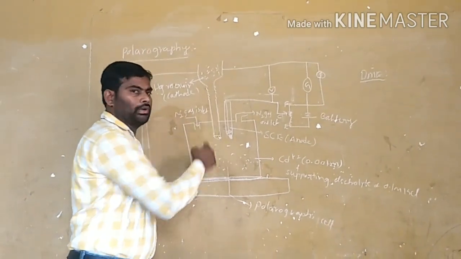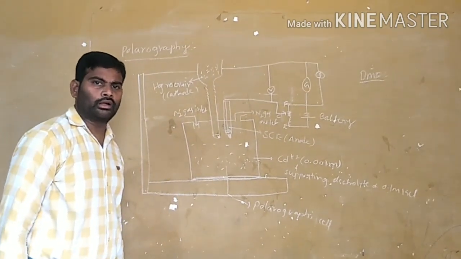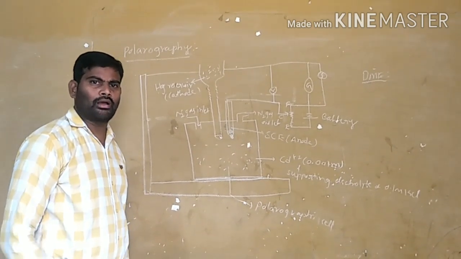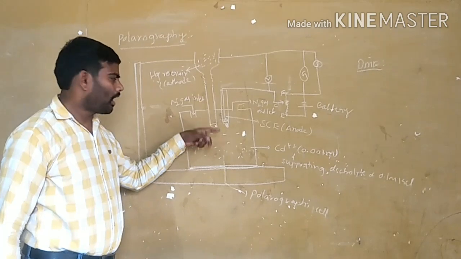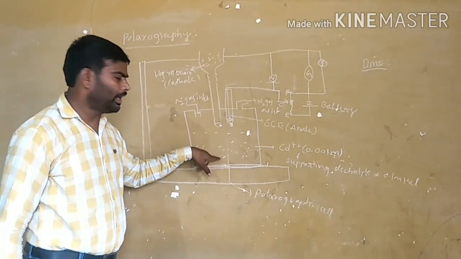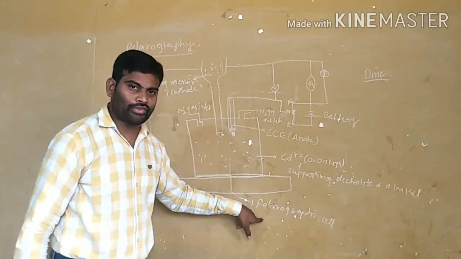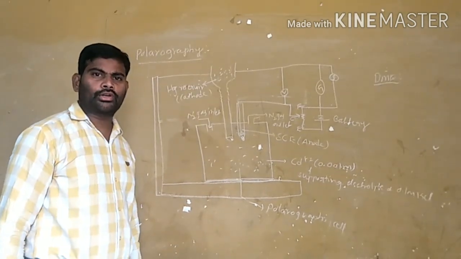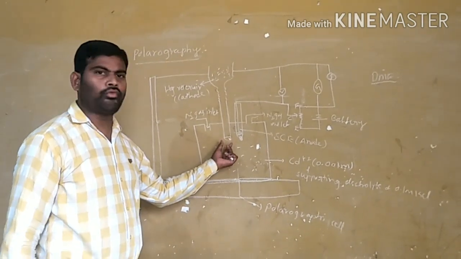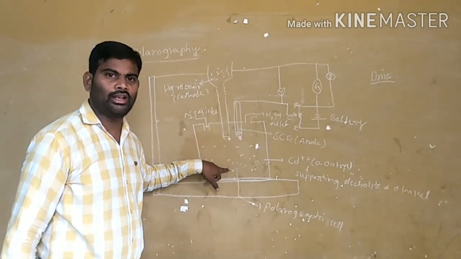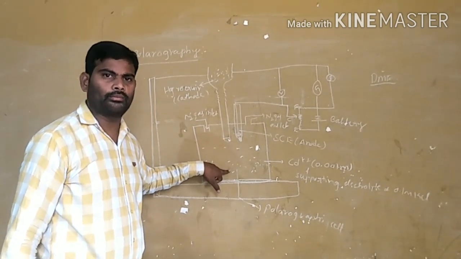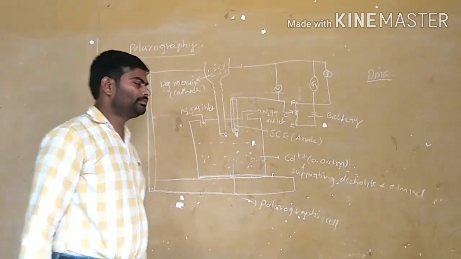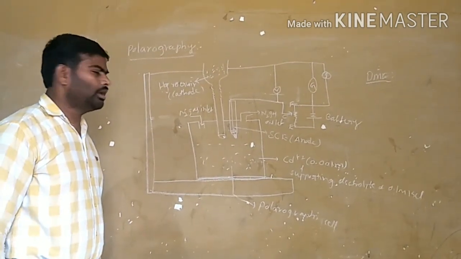Through the capillary, the time taken for the formation of a mercury drop and its fall into the polarographic cell is called drop time, denoted by t.